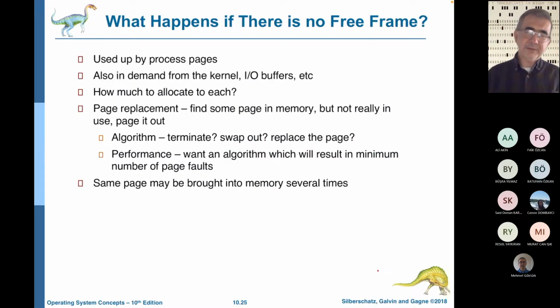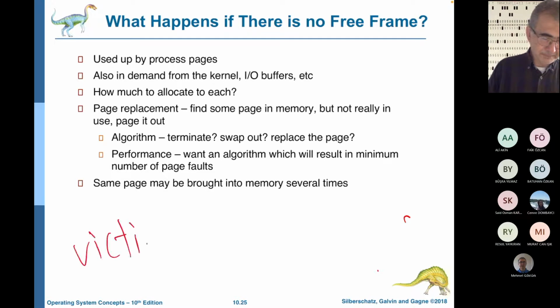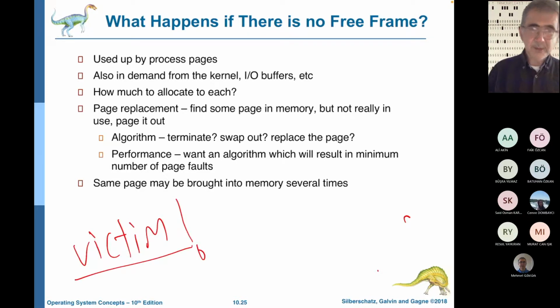And if there is no free frame, there is a victim. The algorithm is called page replacement algorithms. The performance of the page replacement depends on how you are doing it and why you are doing it.